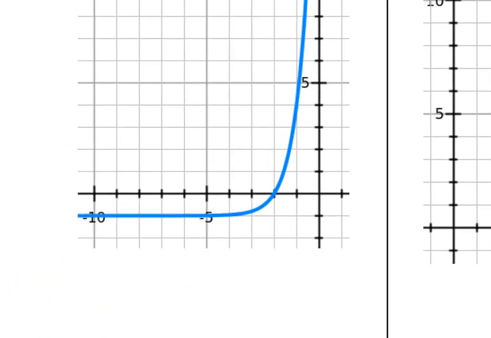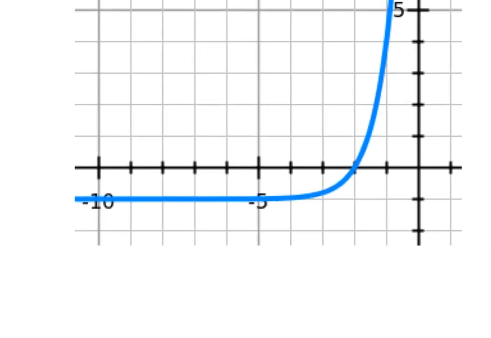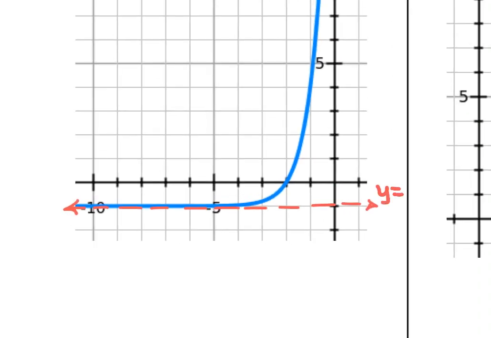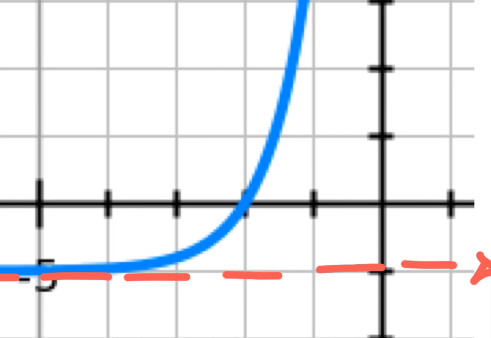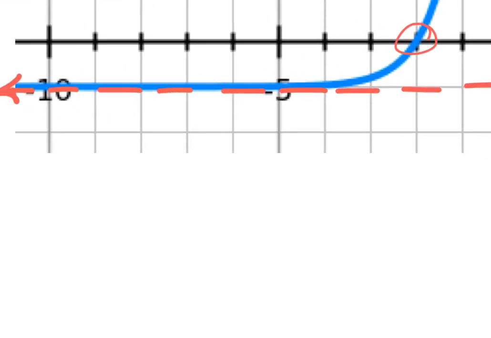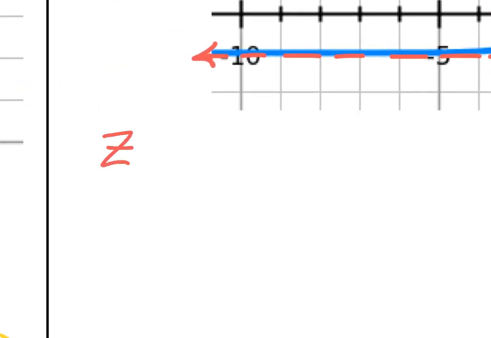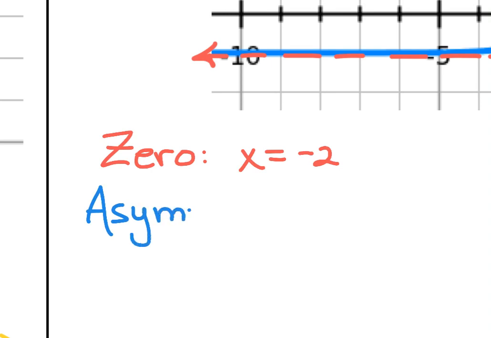In this second one, I see a horizontal asymptote right down here at y equals -1. And if I look closely, that x-intercept looks like it's pretty much exactly x equals -2. So let's say that there's a 0 at x equals -2. We said that there's an asymptote at y equals -1.